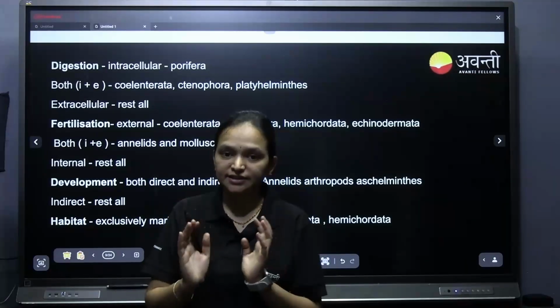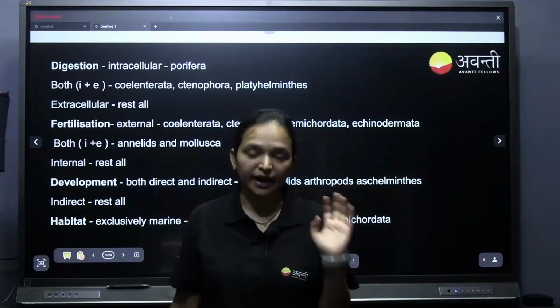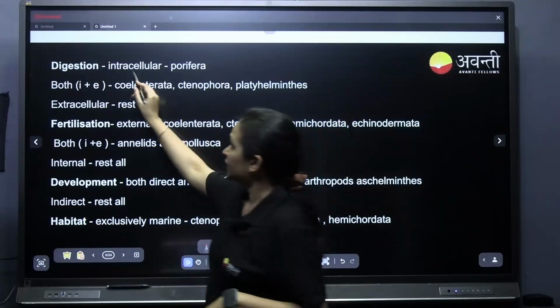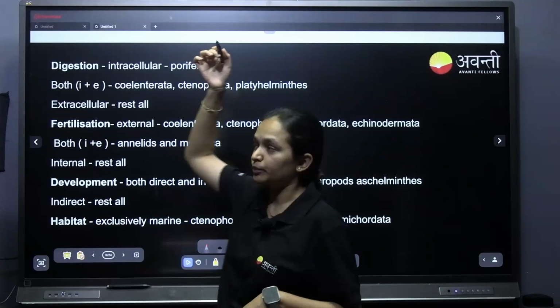That we call intracellular. And only one phylum in the whole Animalia does this, that is Porifera. Only one does this, thus it becomes very important.